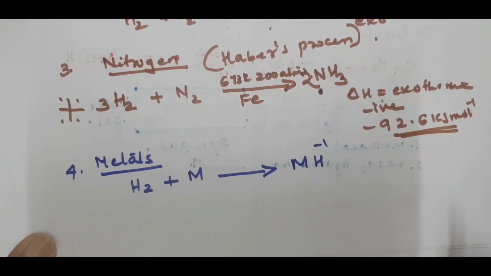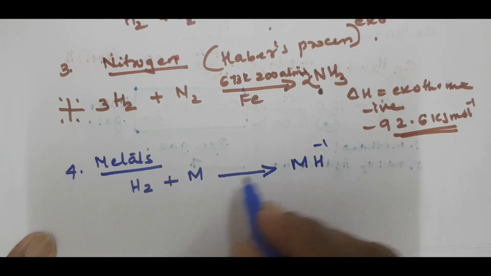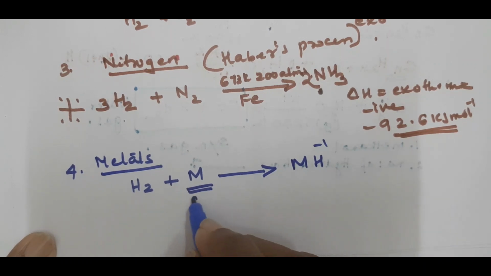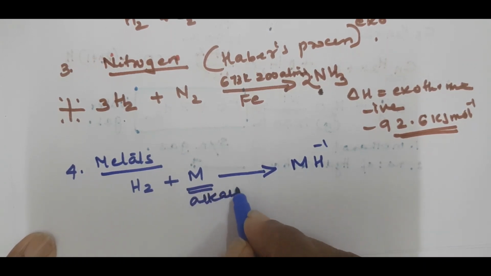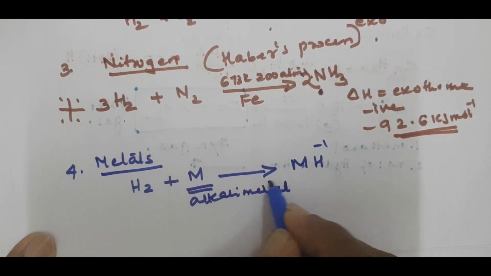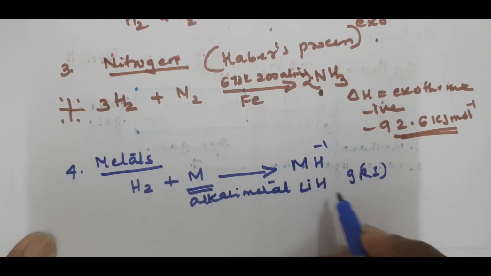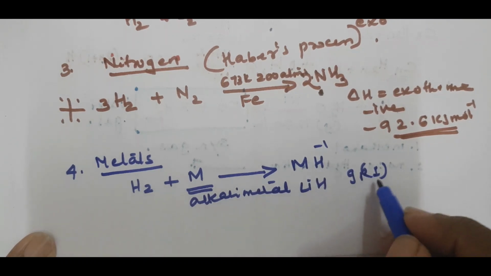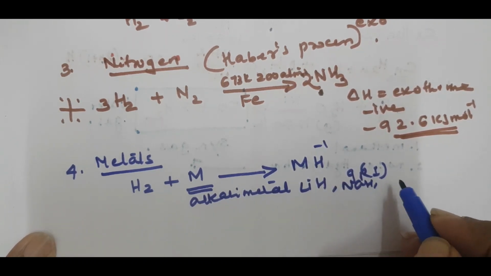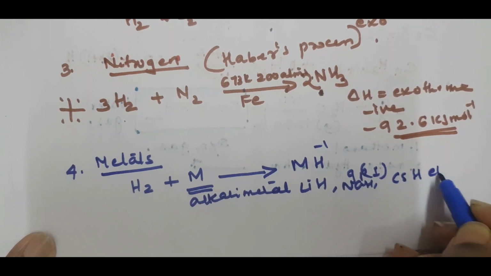In all other compounds hydrogen has a +1 oxidation state, but in hydrides it has a -1 oxidation state. Normally this metal will be an alkali metal, that means group 1. That means lithium hydride, sodium hydride, cesium hydride, etc.